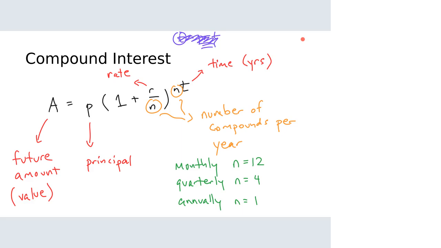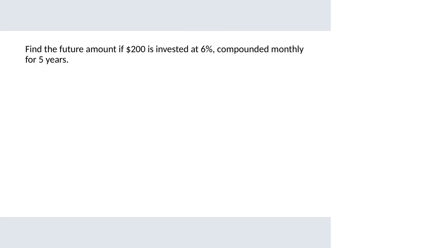All right, let's see how this thing works. Find the future amount if $200 is invested at 6% compounded monthly for 5 years. Now, earlier I said we're working on simple interest and compound interest. How am I going to know which formula to use? It's a perfectly reasonable question.